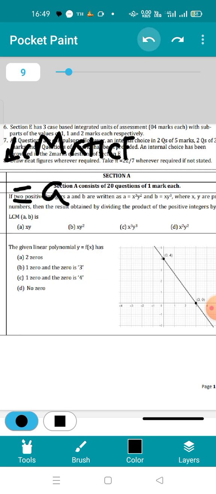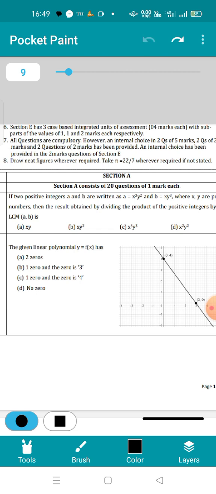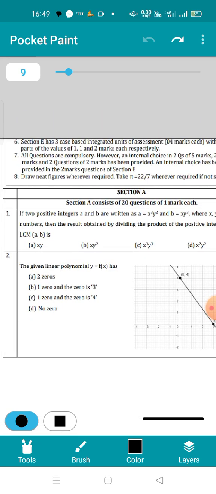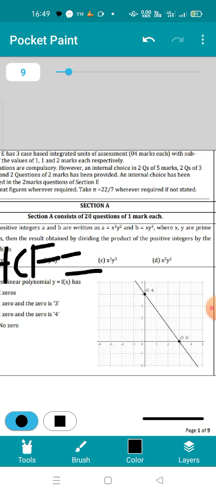See here, the two positive integers are given as two algebraic expressions. They have not given any specific value of a and b. In such a case, how do we decide the HCF? So while finding the HCF, just remember the points which I'm going to say now.